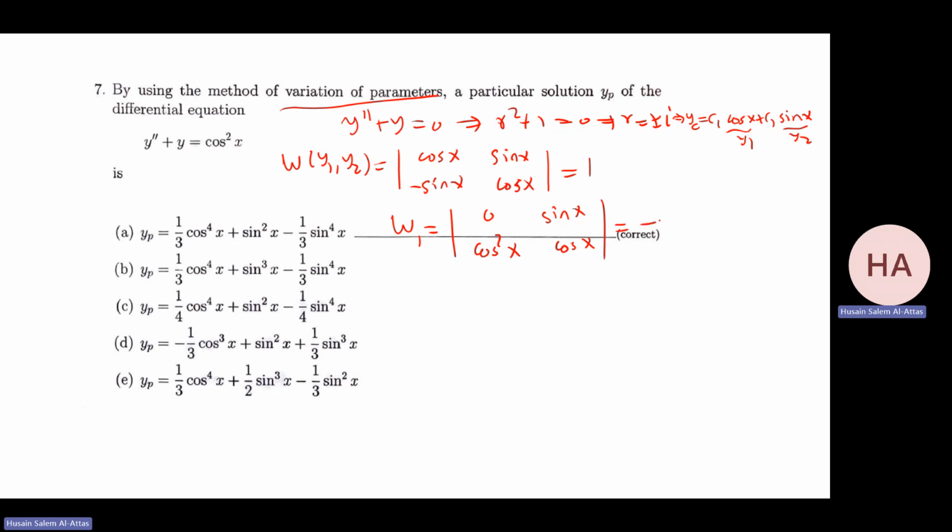That will be equal to minus sine x cosine squared x. So u1 prime will be W1 over W, and that is minus sine x cosine squared x, because it's over 1, so that will not make a difference. Okay. What is u1? That will be the integral of this.